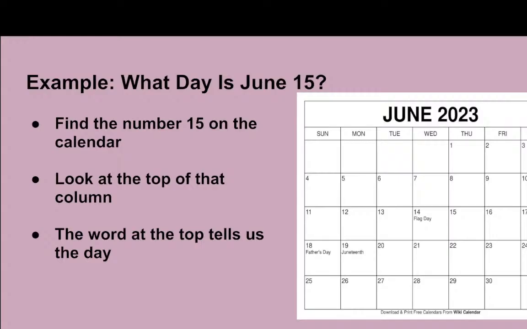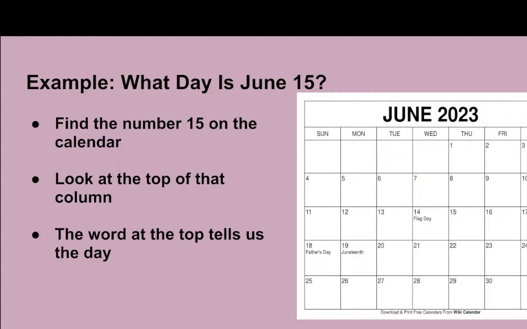Let me look with you. 1, 2, 3, 4, 5, 6, 7, 8, 9, 10, 11, 12, 13, 14. Okay, 14th is Flag Day, and that falls on a Wednesday, right? What comes after 14? Right, 15 comes after the 14th. So that's on a Thursday. That means June 15th is on a Thursday.